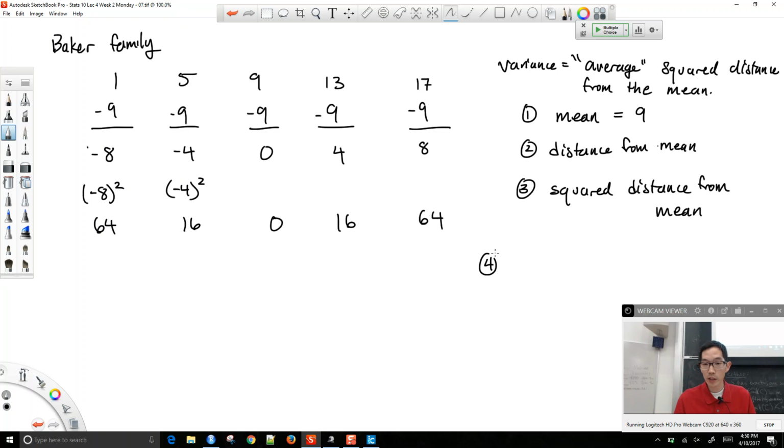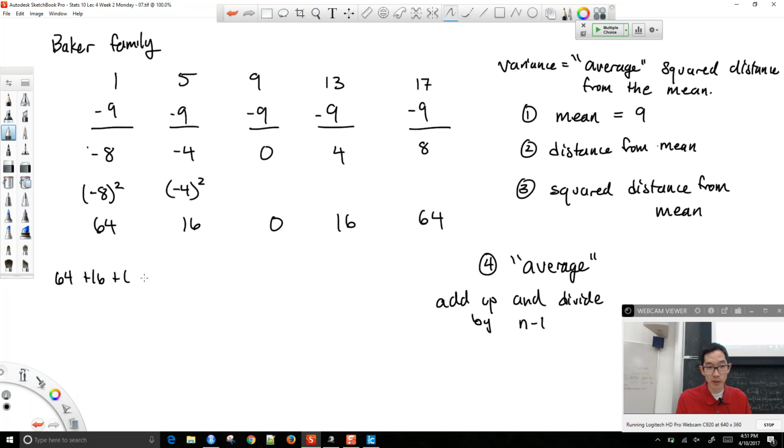Now we want to take the average squared distance from the mean. I put average in quotes because we're going to add them up, and instead of dividing by how many we have, we divide by 1 less than that. We divide by n minus 1. So I do 64 plus 16 plus 0 plus 16 plus 64.